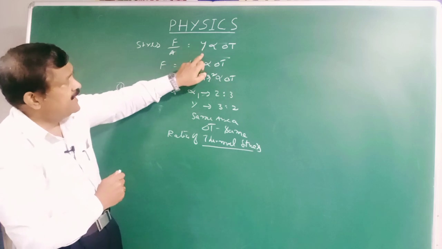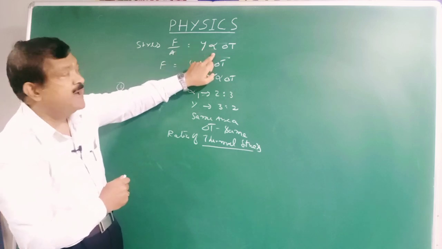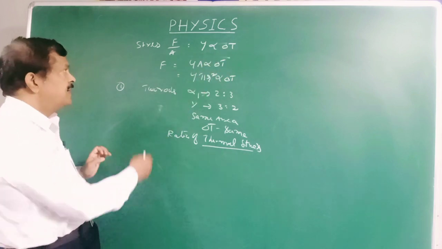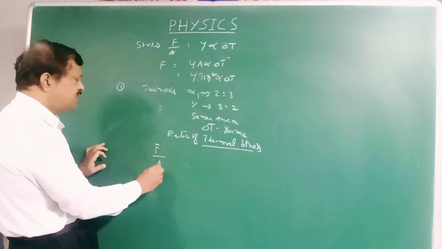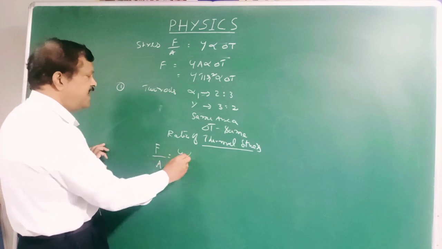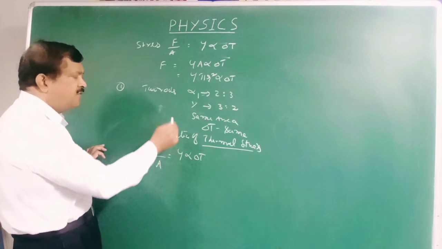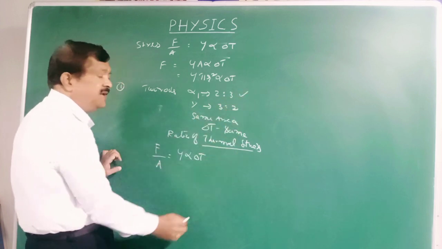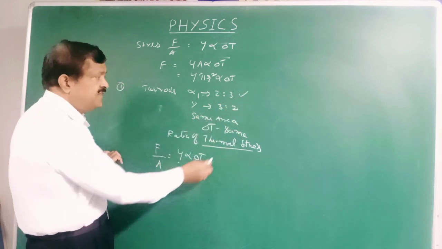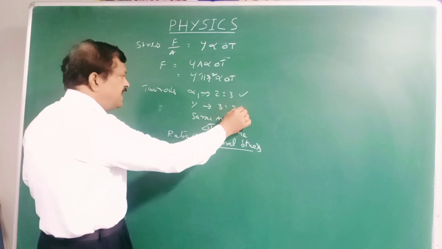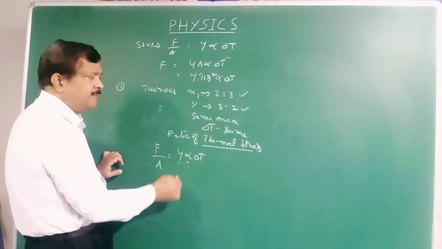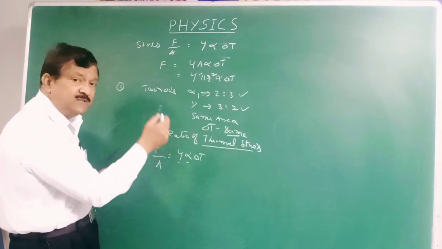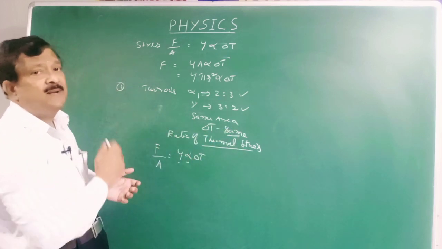Young's modulus, coefficient of linear expansion, and delta T. For both rods, Y is different, alpha is also different, but delta T is the same because both are subjected to the same change of temperature.